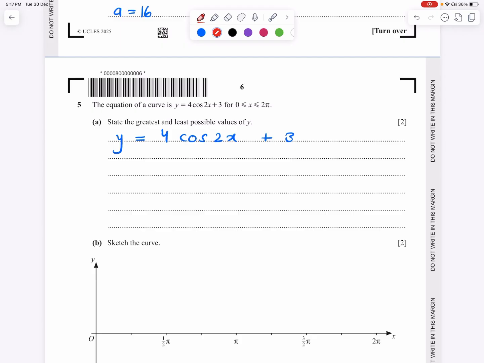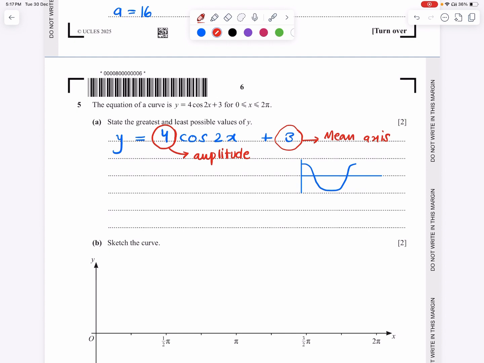This number over here represents the mean axis, and this number over here represents the amplitude. What does this mean? This basically means that if I have a graph like this, and let's say it's a cos graph, the mean axis is the axis where the graph is being cut into half.